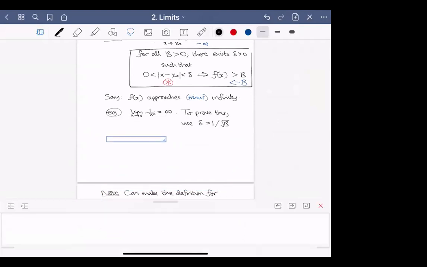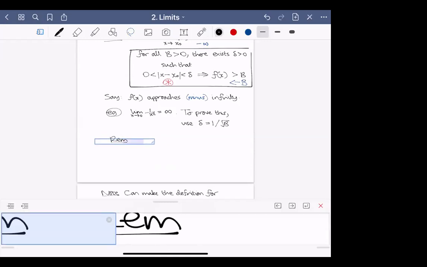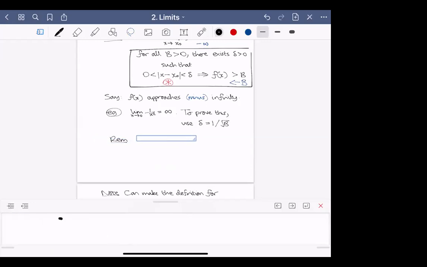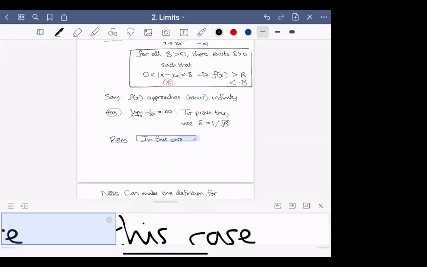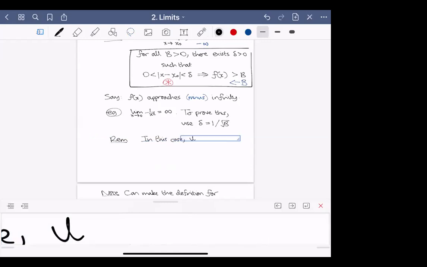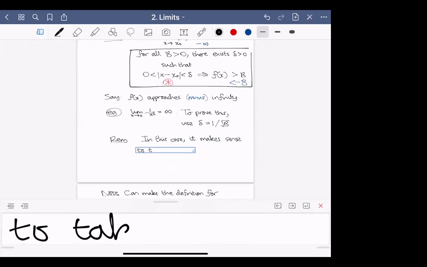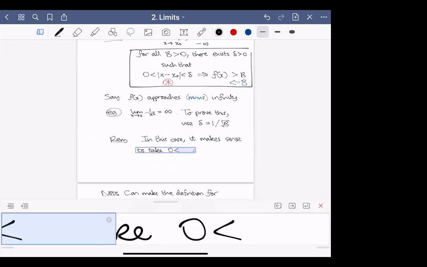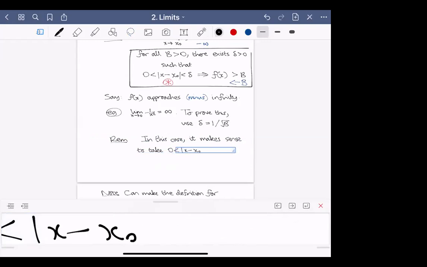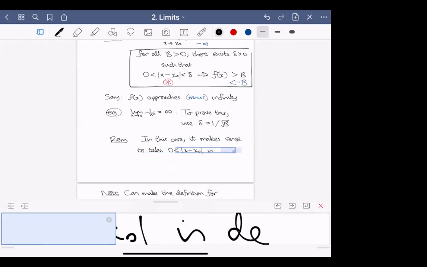Okay, and another remark. So in this definition, it also makes sense to take this 0 less than absolute value of x minus x0 in the definition.